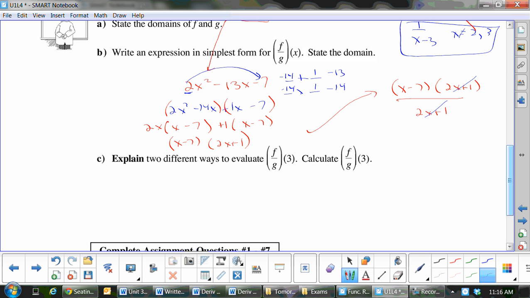Your answer is x minus 7. x cannot equal negative 1/2. All good?